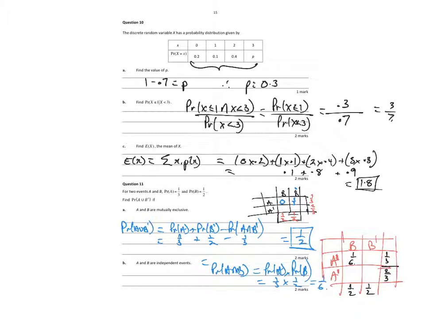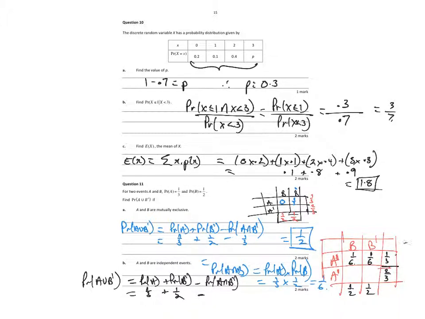B we said was 1/2, so probability of A union B dashed is again equal to probability of A plus the probability of B dashed, which haven't changed, minus the probability of A intersection B dashed. So 1/3 plus 1/2 minus A intersection B dashed is going to be 1/6, isn't it?